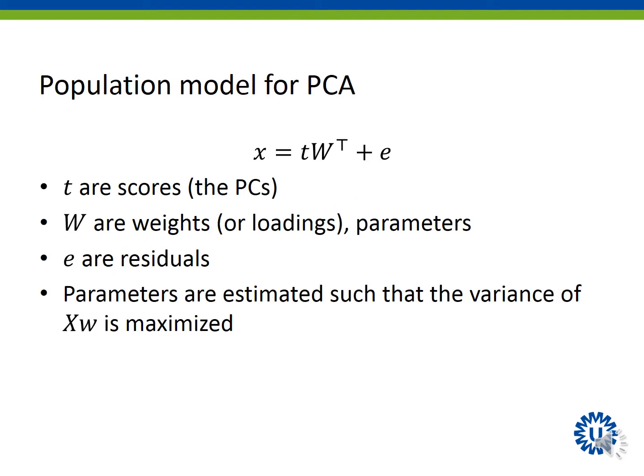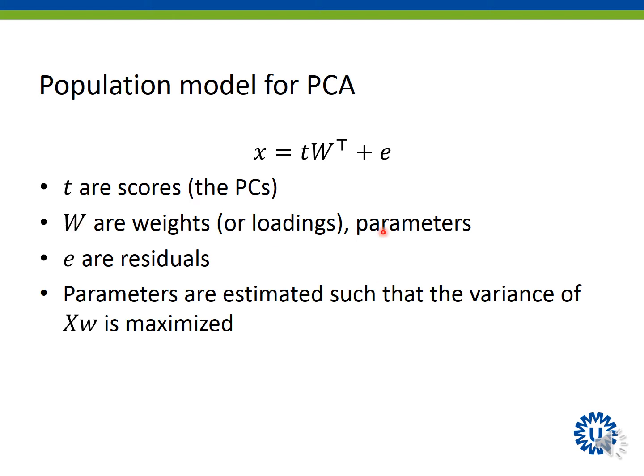A population model for PCA can be written as follows. We have X, our dataset, and this is equal to T, the scores or the PCs, times W transpose, where W are the weights or the loadings, plus some residuals. So here this means that X is explained by the product of scores times loadings, meaning that variation in X is caused by variation in the scores through the weights or through the loadings.